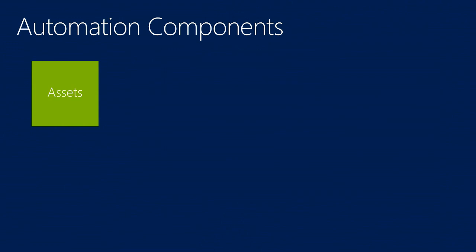Then we have the concept of assets. Now this is really cool. With regular PowerShell, there's kind of no real way to centralize settings or variables that you use across multiple PowerShell scripts. With PowerShell workflow or the SMA stuff, you have this concept of assets. Now, an asset is basically a setting which gets stored centrally, and it's usable across any of the runbooks that you have in your automation account.